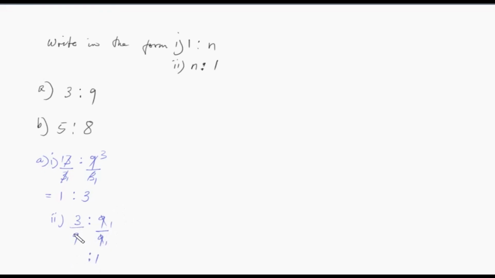This goes once in here 3 times. So it's 1 over 3. That is it. So you have written this as n is to 1. N is 1 over 3. All right? That's easy. Okay. Now, there is another question that I want us to look at on ratios.